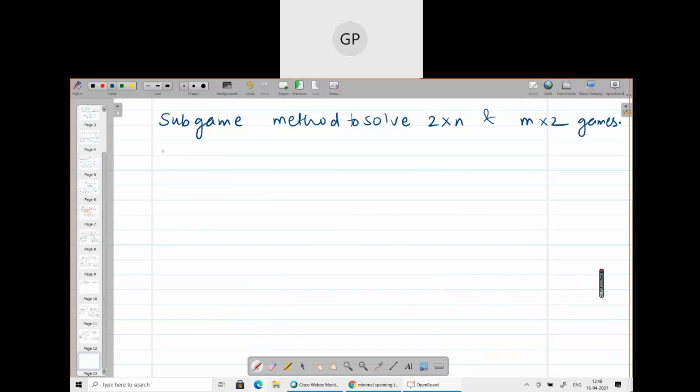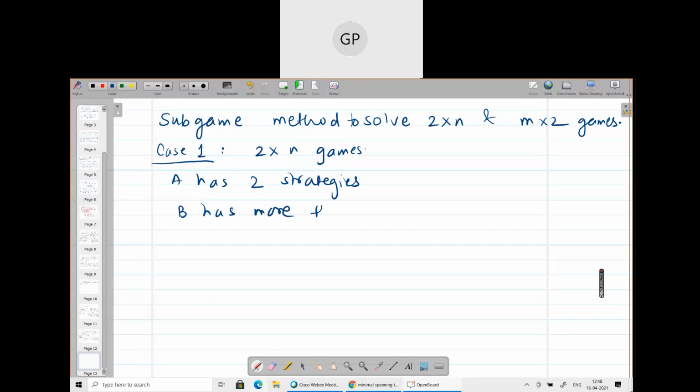So case 1 we will take: 2 cross n games. That is, player A has 2 strategies and B has more than 2 strategies. It's very easy.